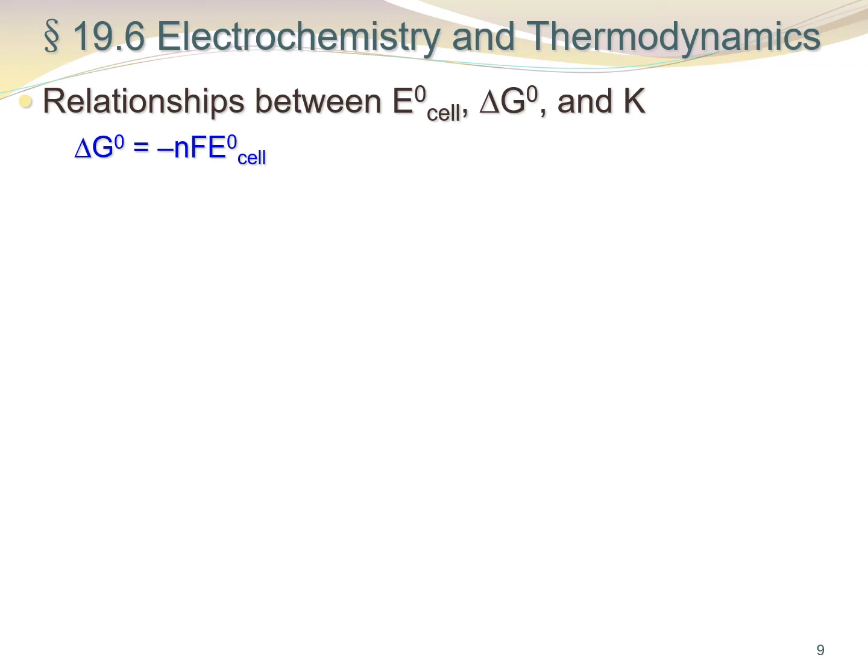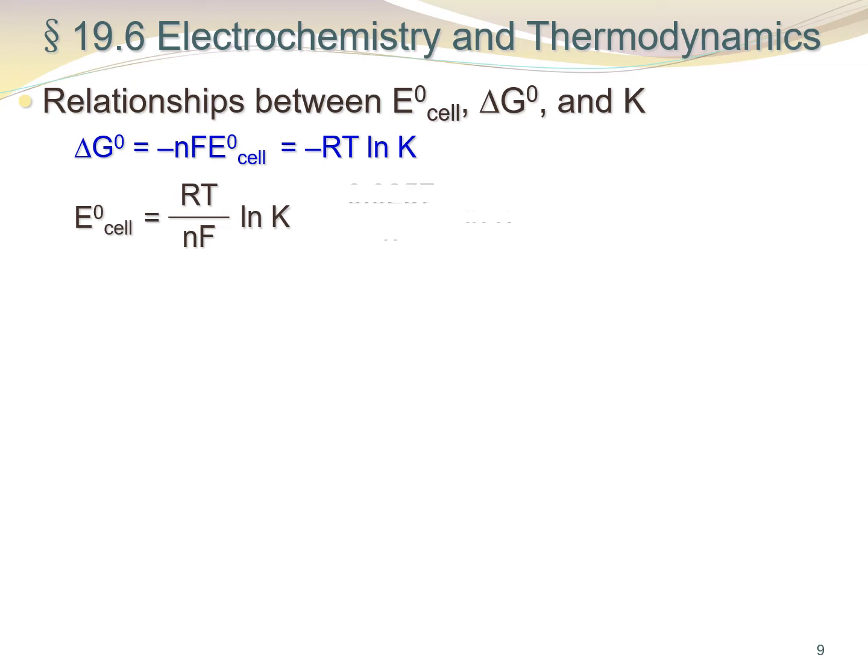And if you recall, the same delta G0 is equal to negative RT times log of K, where K is the equilibrium constant. With that equation, we can definitely solve for E0 if we know the equilibrium constant for this reaction, and of course, vice versa.